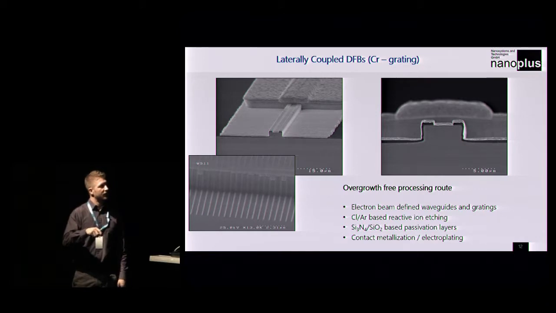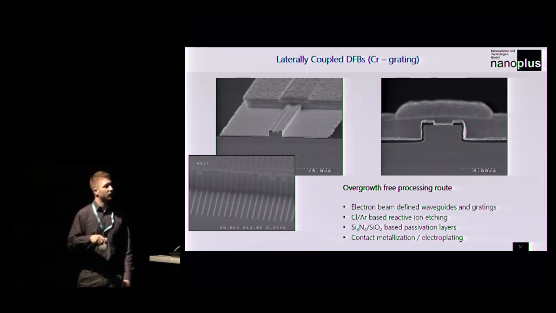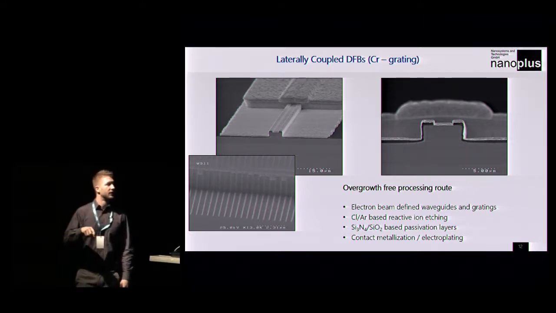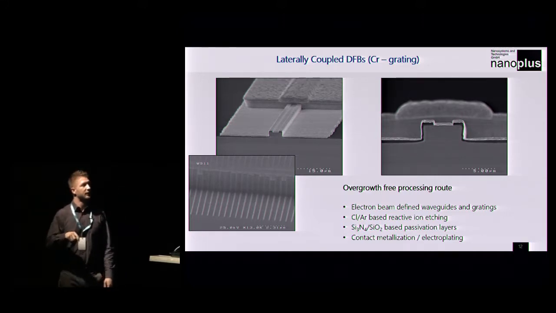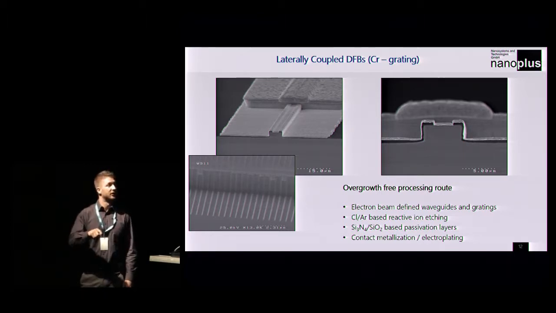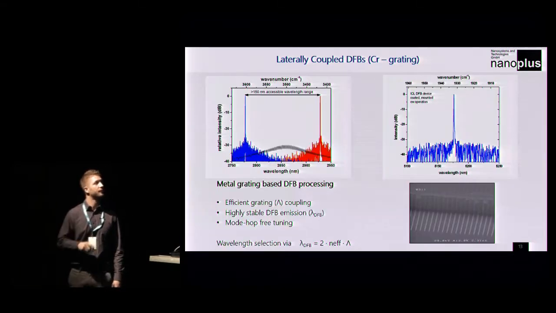And here you can see the metal grating on the side of the ridge, which gives you feedback or introduces the periodic loss. The technology is based on electron beam defined waveguides and gratings, then a dry etch step to define the ridge, silicon nitride, silicon dioxide passivation layers, and in the end contact metallization and electroplating gold on top.